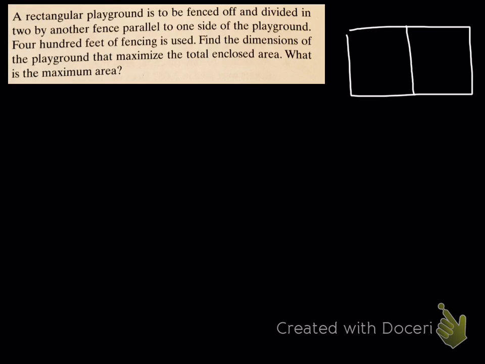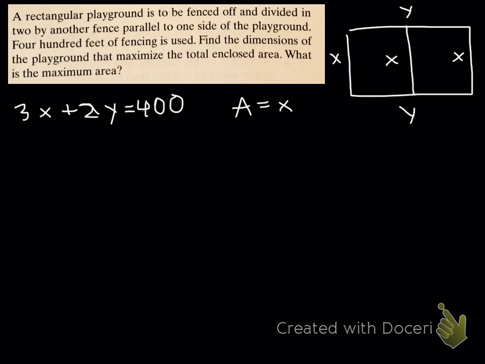So if we call this y, we know that this dimension is x. So when I go to write my equation for my perimeter, I'm going to have 3x plus 2y equals 400. And again, I know that the formula for the area is x times y.